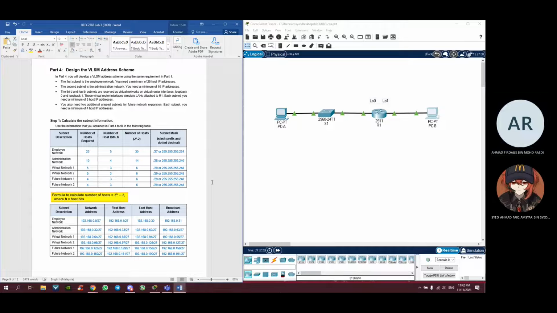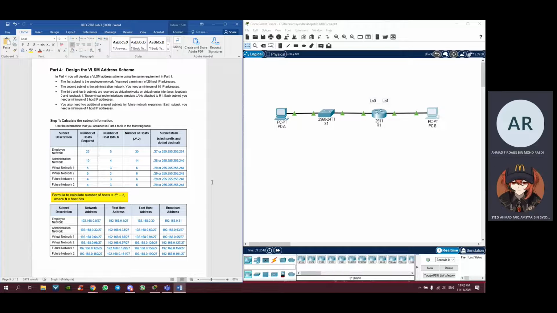Alright, and then we're going to need unused subnets for future network expansion, and each subnet needs a minimum of 4 host IP addresses. Alright, for step 1, we have to calculate the subnet information.